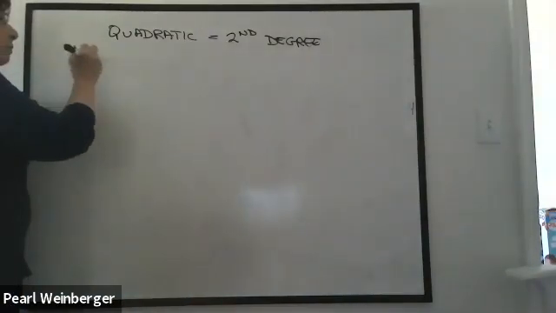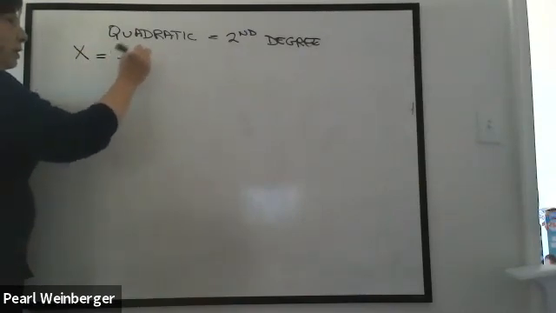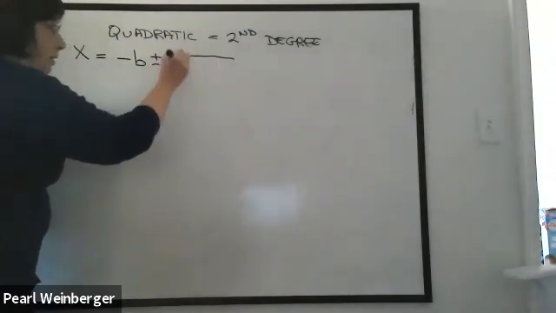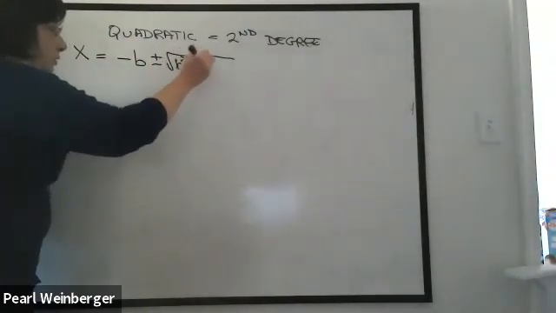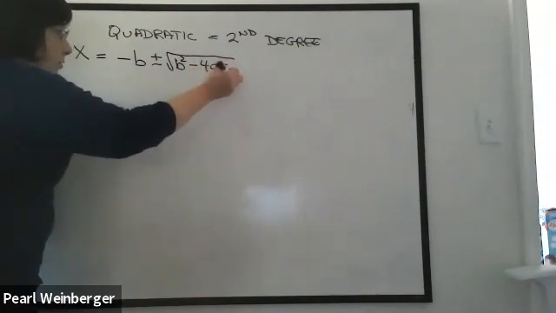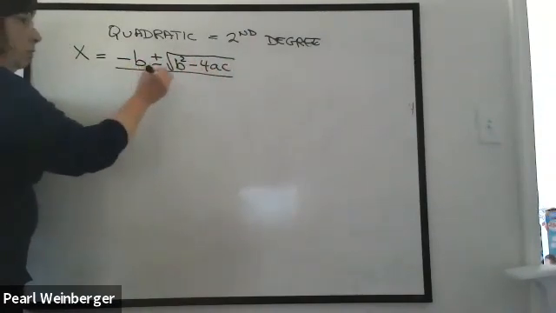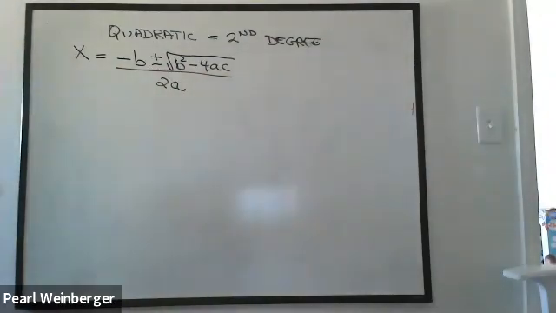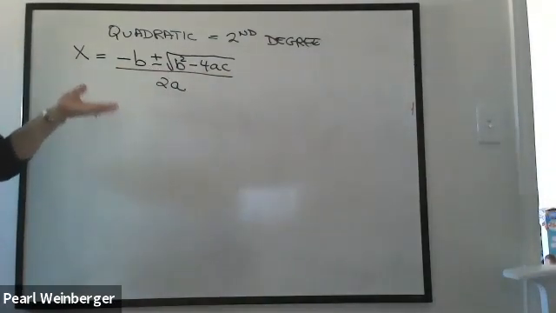The quadratic formula looks like this: x equals negative b plus or minus the square root of b squared minus 4ac, all over 2a. I'm sure some of you have seen this before.